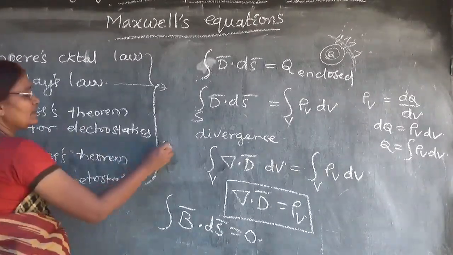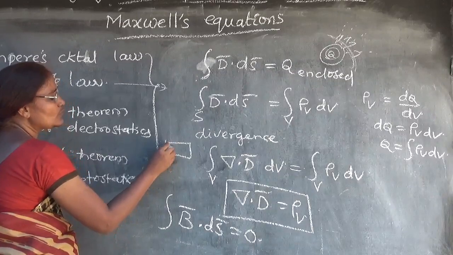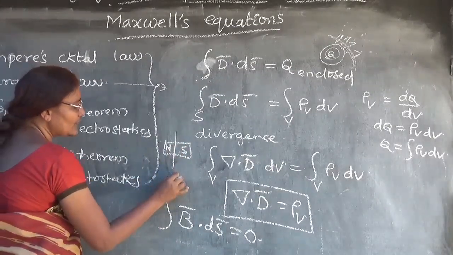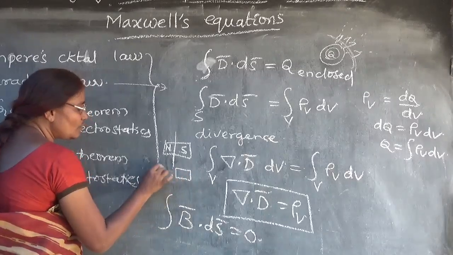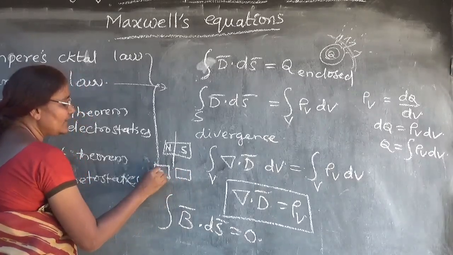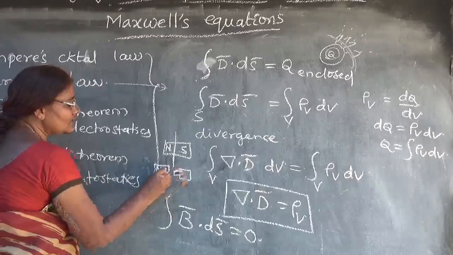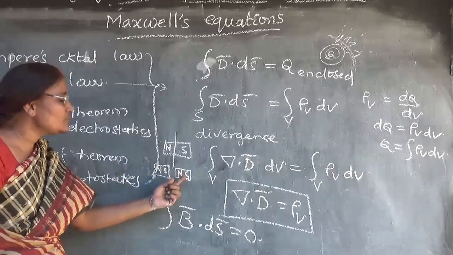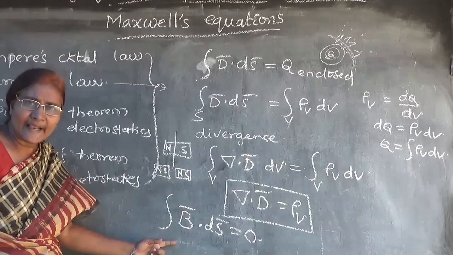That means a magnet will have two poles, north pole and south pole. If you cut this magnet in half, again the two halves will behave as magnets, each with a north pole and south pole. So we can't get an isolated single pole in magnetism.